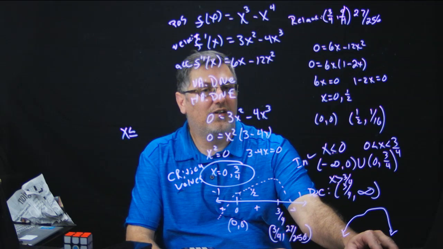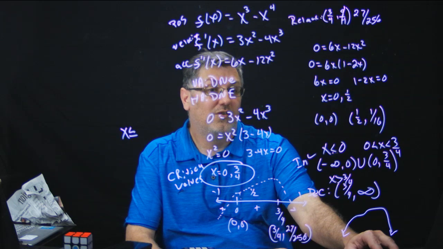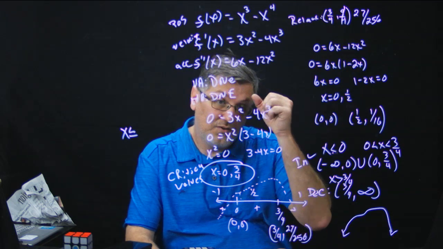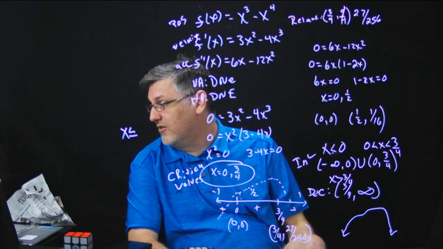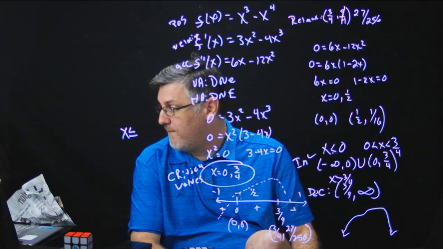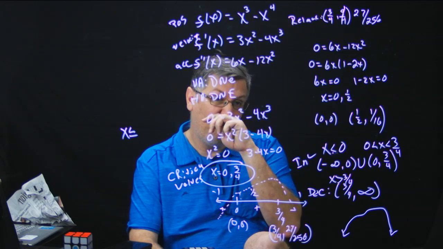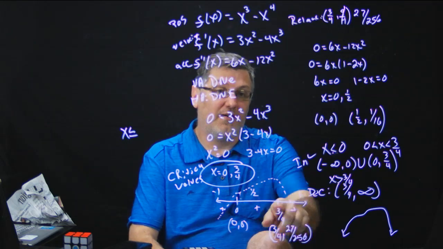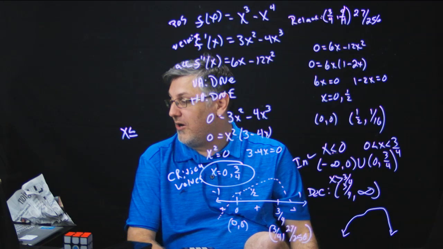X is less than, yeah, you're decreasing from 3/4. All the numbers greater than 3/4 are decreasing. Yep. Yeah, that's what I have here. From 3/4 going down, it's all decreasing. Alrighty.